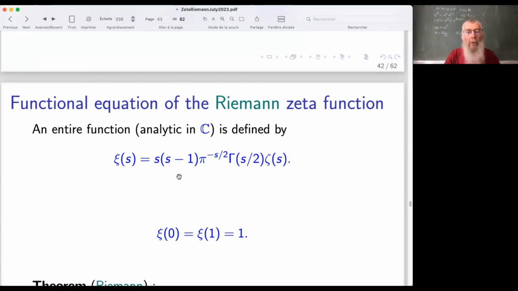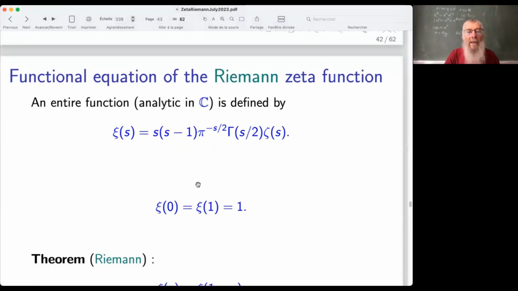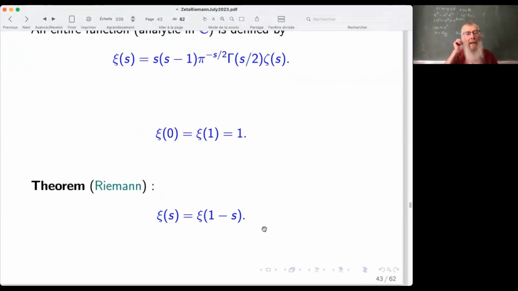There is no pole because we have multiplied by s(s minus 1) to remove all the poles. It is analytic in C, and this function has the value 1 at 0 and 1, and satisfies the functional equation xi of s equals xi of 1 minus s.